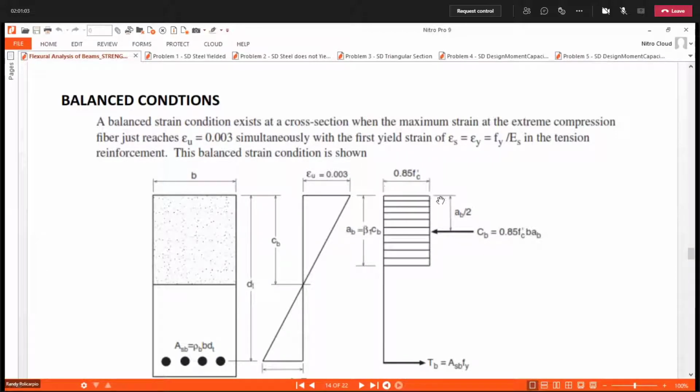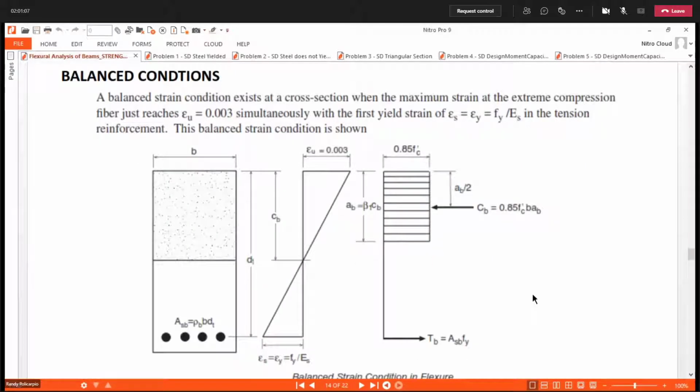And then for our steel, the maximum strain allowed sa ating steel is yung yield strain. Okay, yung yield strain.